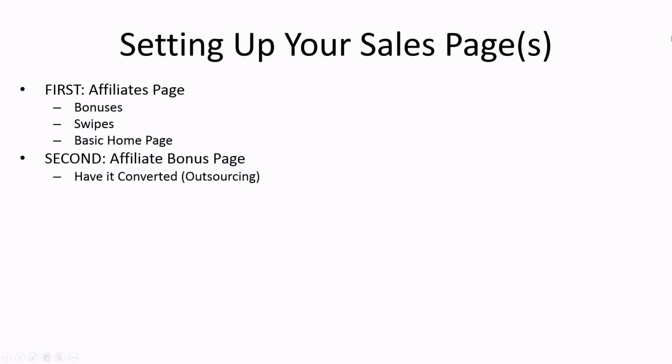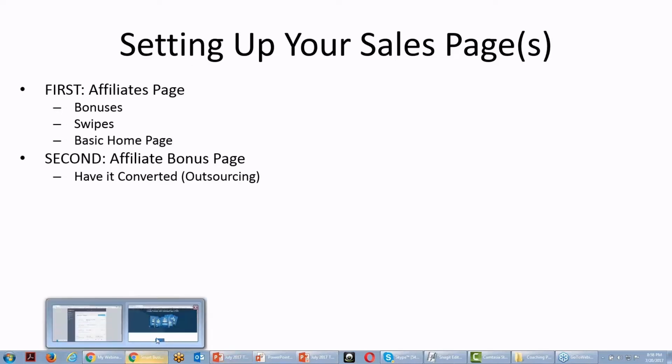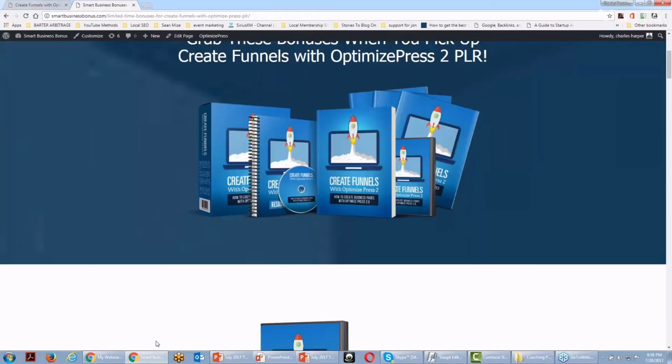Okay. Now there is one thing I do want to tell you about this: some affiliates do not have WordPress and they don't want to use your bonus page. So you're going to have your bonus page converted to HTML, right? I know a guy that does it for me for $15.